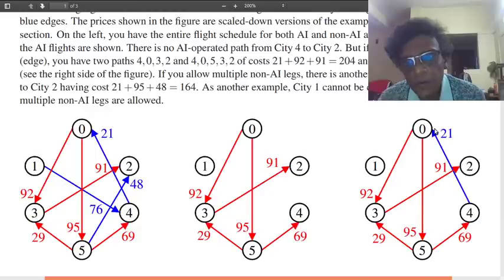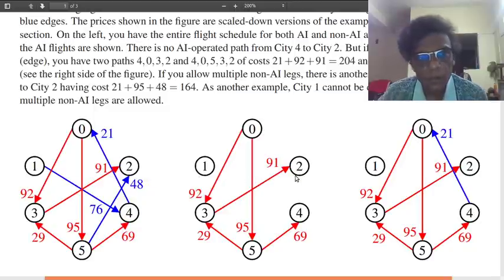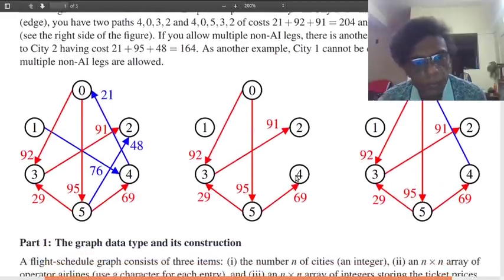For that, you follow the algorithm that I recommended, or any better algorithm, like an O(n cube) algorithm that you may come up with. And for the third part, allowing multiple blue edges, provided that the route does not have AI service. Okay, so this is briefly today's assignment. Let me quickly browse through the text. I hope this picture makes clear what you need to do.